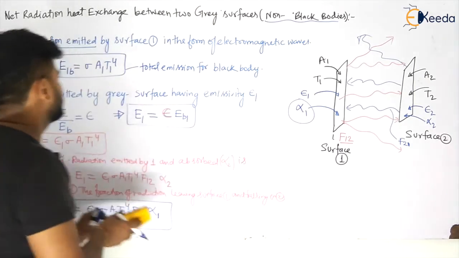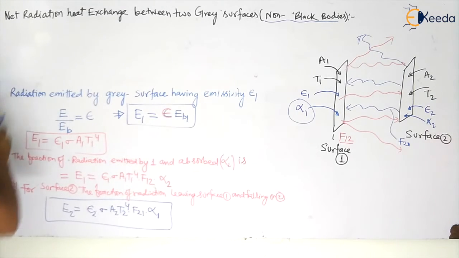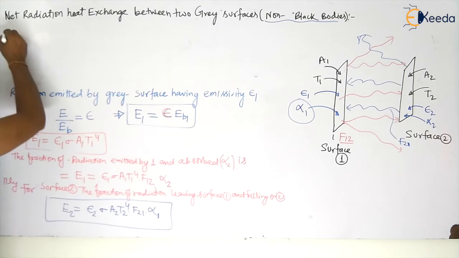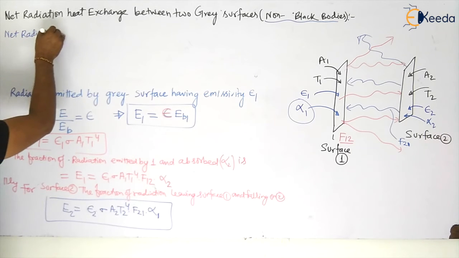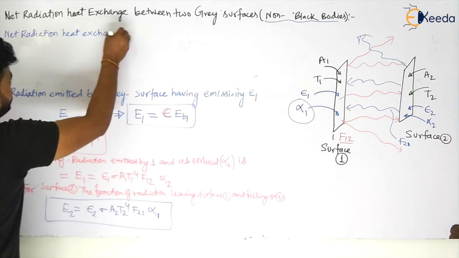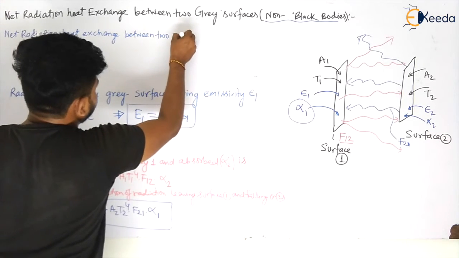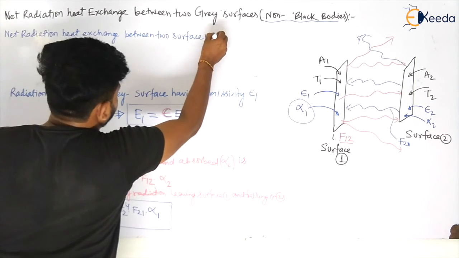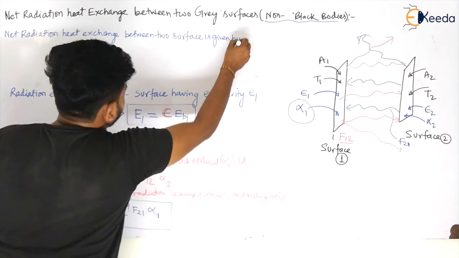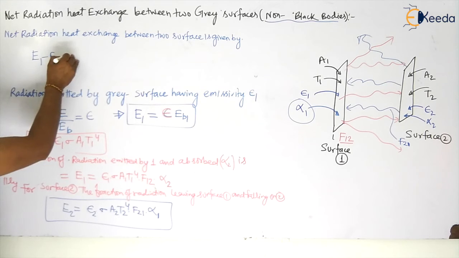Let us calculate it. So the net radiation heat exchange between two surfaces is given by E1 minus E2, my dear students. So this will be what?